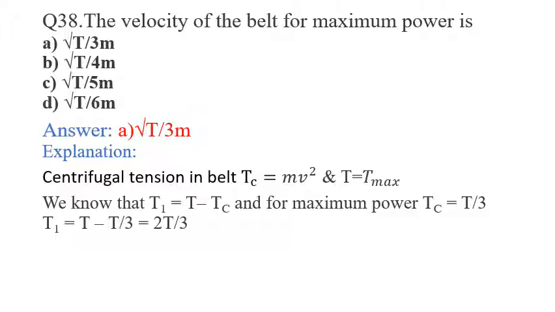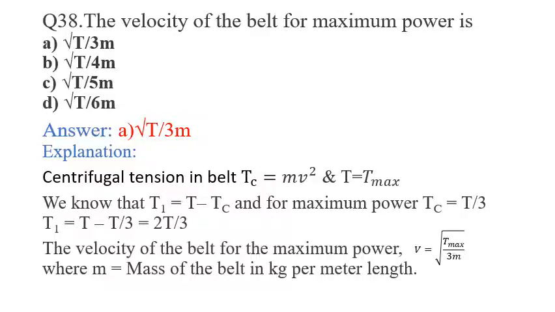We know that T1 is equal to T minus Tc, and for maximum power Tc is equal to T by 3. T1 is equal to T minus T by 3, nothing but 2T by 3. So the velocity of the belt for maximum power V is equal to root of T max by 3m, where m is the mass of the belt in kg per meter length.